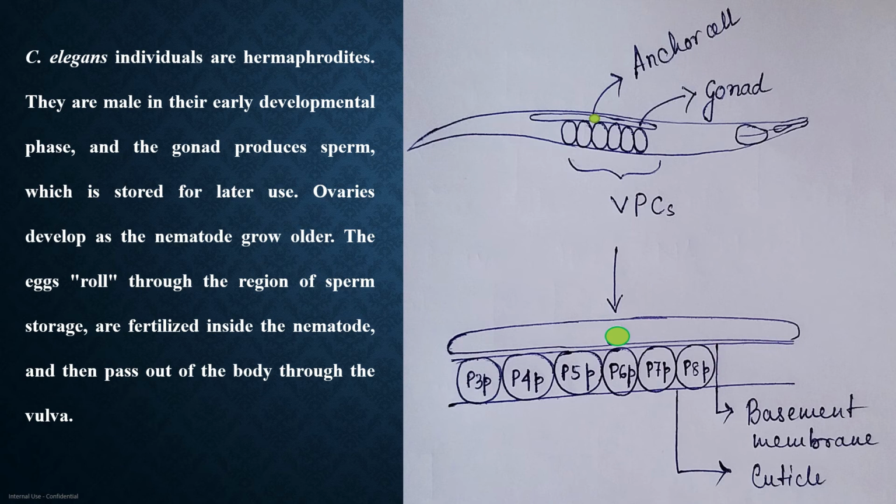The adult vulva comprises 22 cells, which are progeny of three ancestral cells originally located in a row on the undersurface of the developing nematode. Here you can see the basement membrane, and below it is the cuticle. The cells are attached to the basement membrane and are governed by the anchor cell.